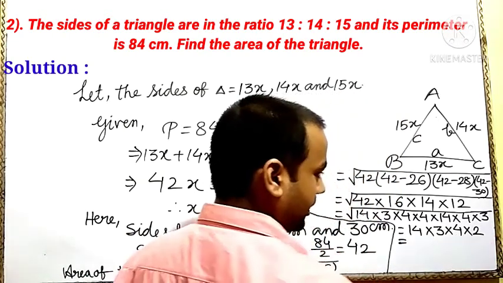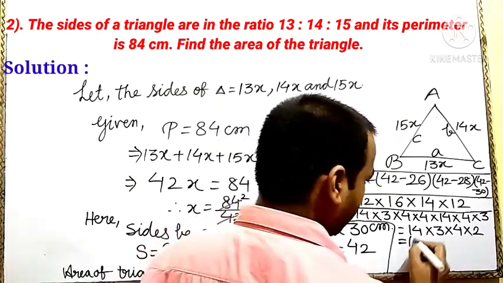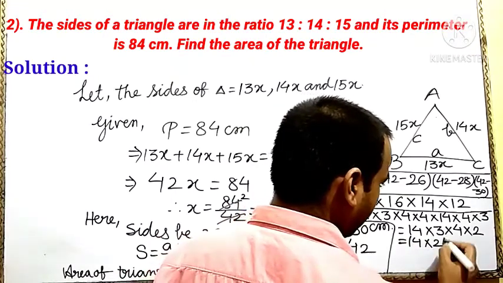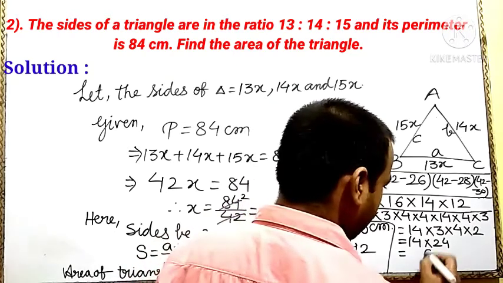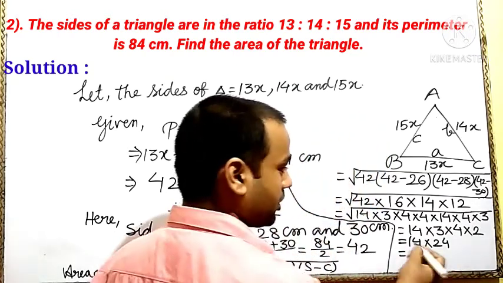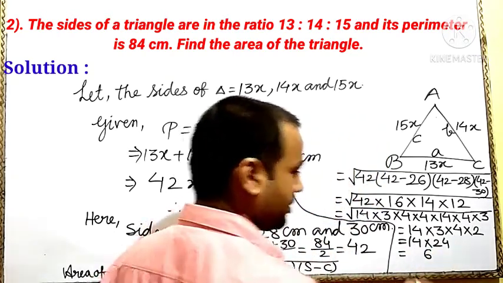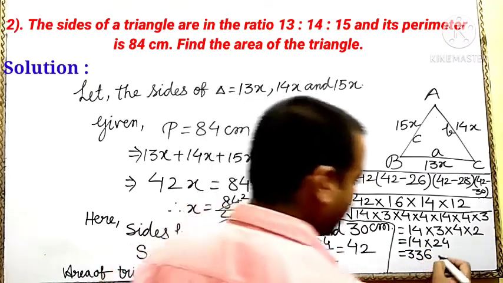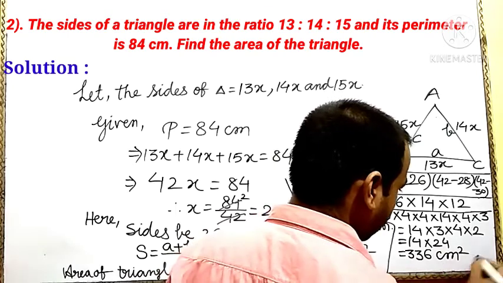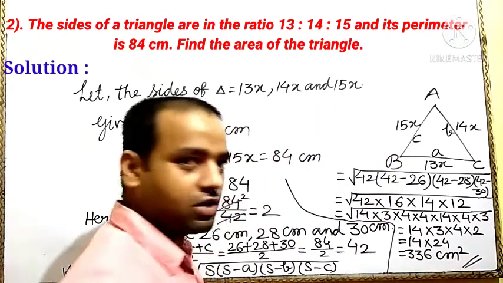So 4 2s are 8, 8 3s are 24, so 14 into 24: 14 4s are 56, carry 5, 14 2s are 28 plus 5, 33, so 336 square centimeter. This is your required area.